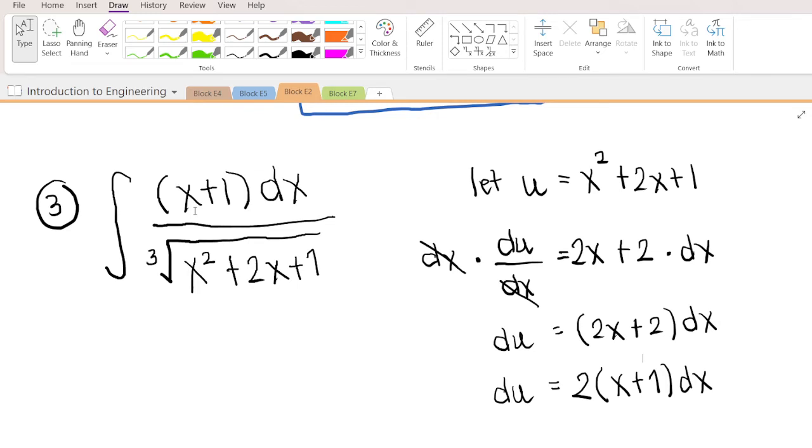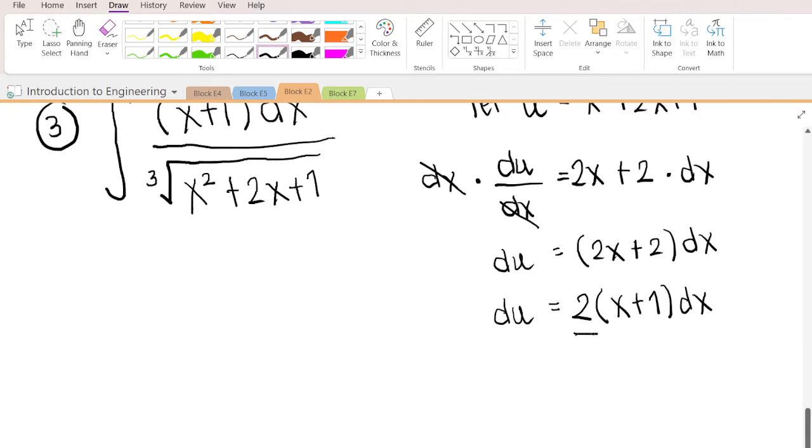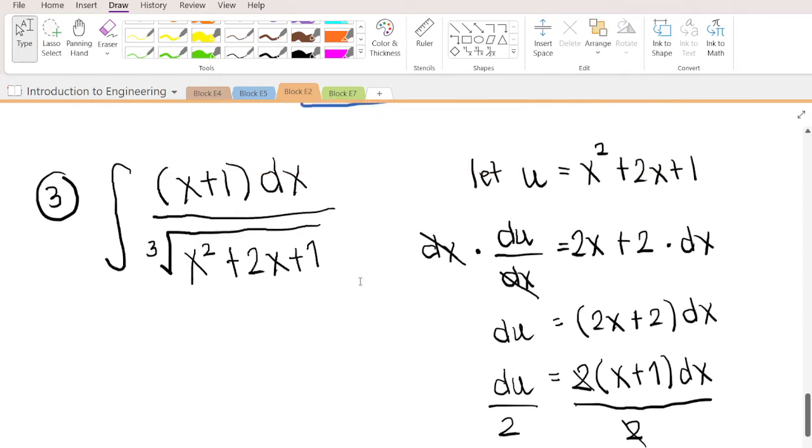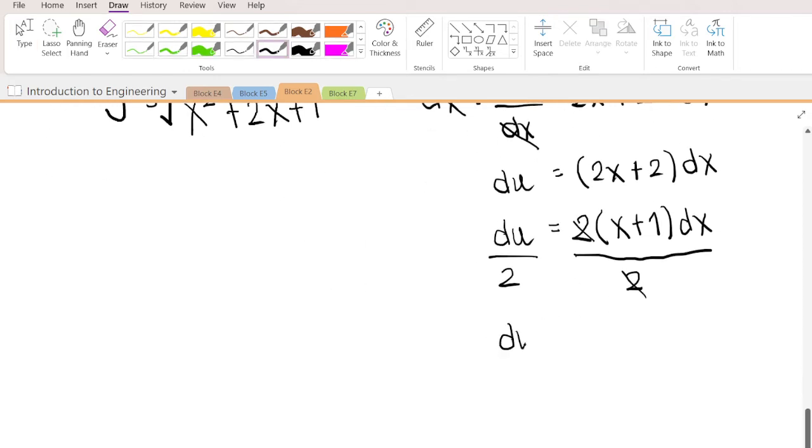what I will do here is divide both sides by 2, and then I will get x plus 1 times dx.